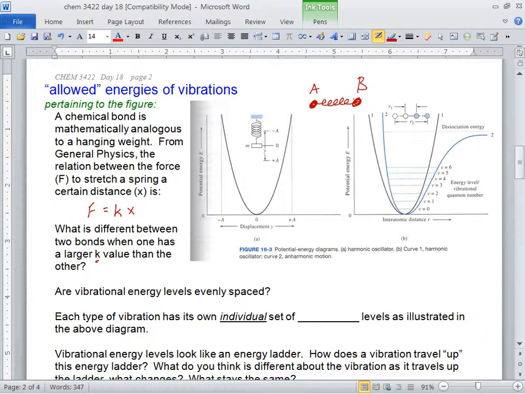Our vibrational energy levels, are they evenly spaced? Now you pretty much have to look at your plot because I don't think you can see it on the screen very well. Do these vibrational energy levels look evenly spaced? I don't think so. I think the top ones look shorter than the bottom ones. Are they supposed to be evenly spaced?